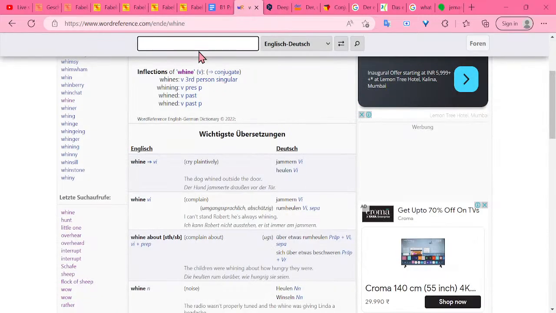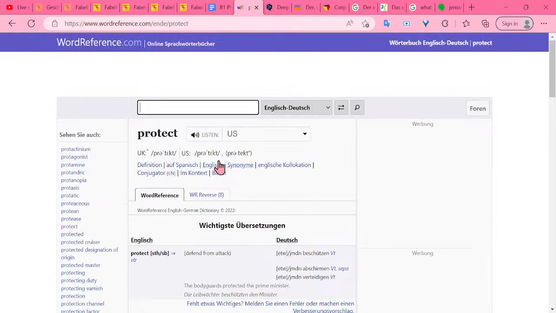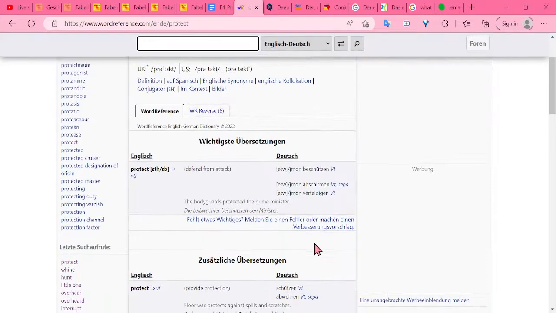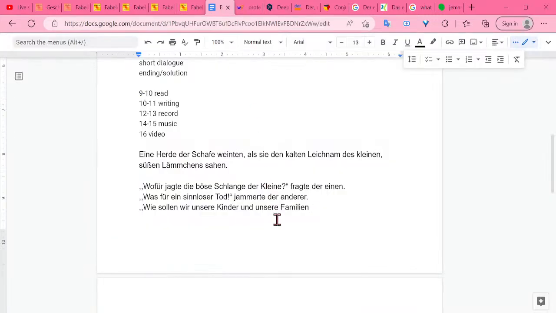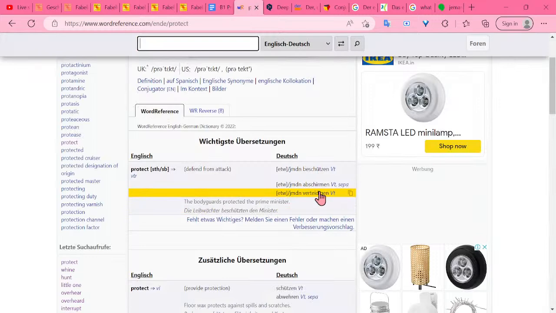Protect. See, where is Schützen? Beschützen. Okay, beschützen. That's weird. Protect, defend from. Why?